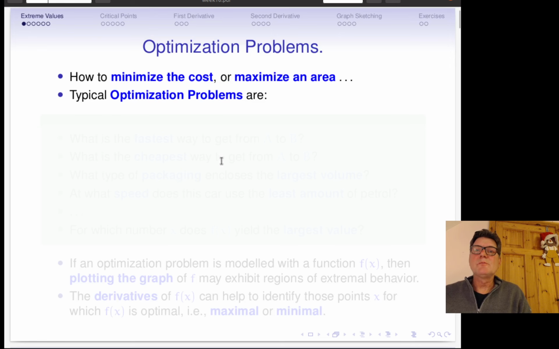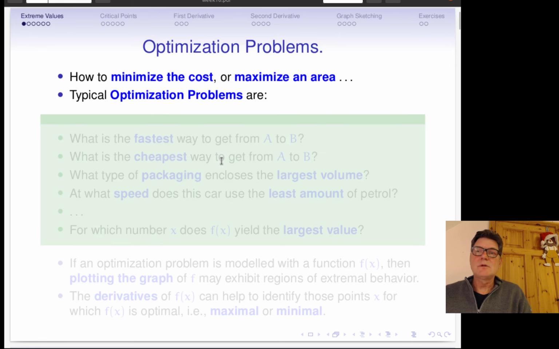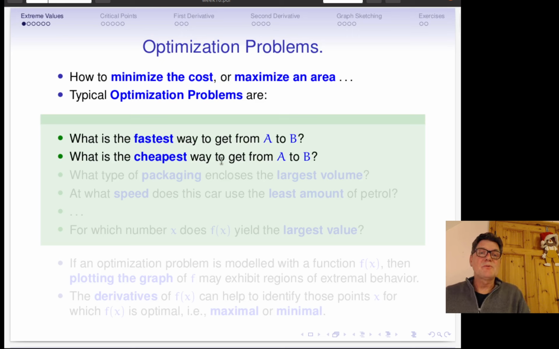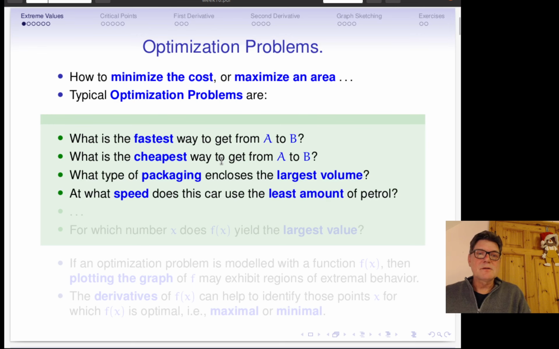Typical optimization problems in the real world are questions like what's the fastest way to get from here to there, or what's the cheapest way to get from A to B, what type of packaging can enclose the largest volume, or here's some practical question: at what speed does this car use the least amount of petrol? There's loads of optimization problems that arise in real-world contexts.